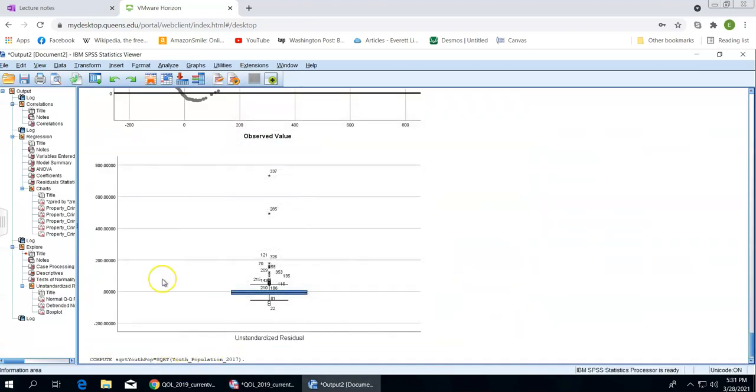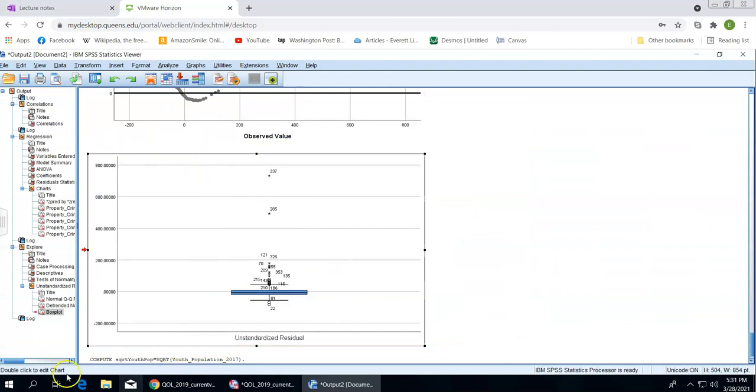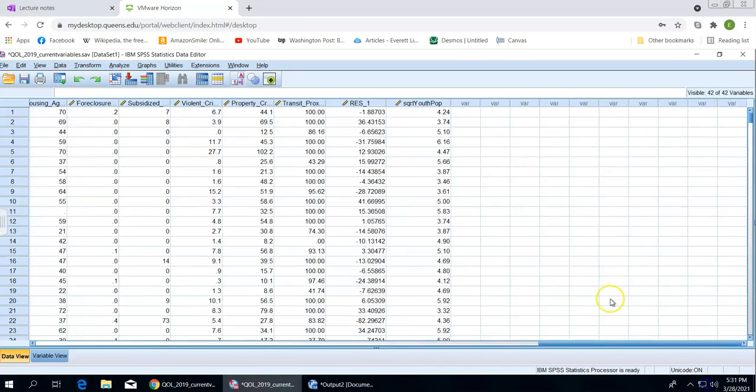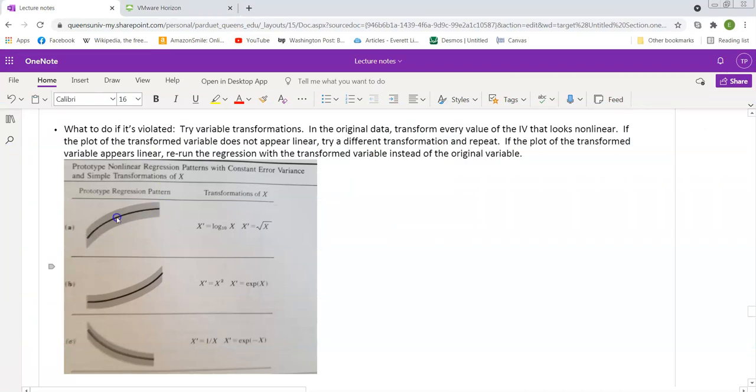We'd click OK, and then that would give us the new variable. And then we would plug this into our model instead of youth population. And once we do that, then we would hope to see something that looked linear. So we would hope that that would remedy this pattern that we saw in the plot.